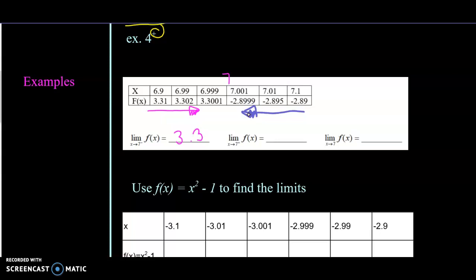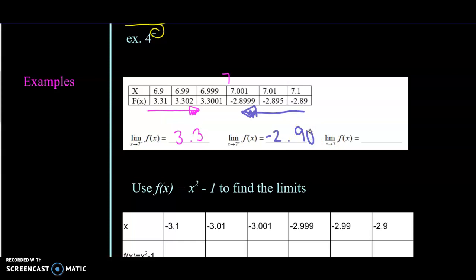What is the y value? The y value in that case is negative 2.89, or if you want to round, negative 2.9, because you notice it's getting closer to negative 2.9.